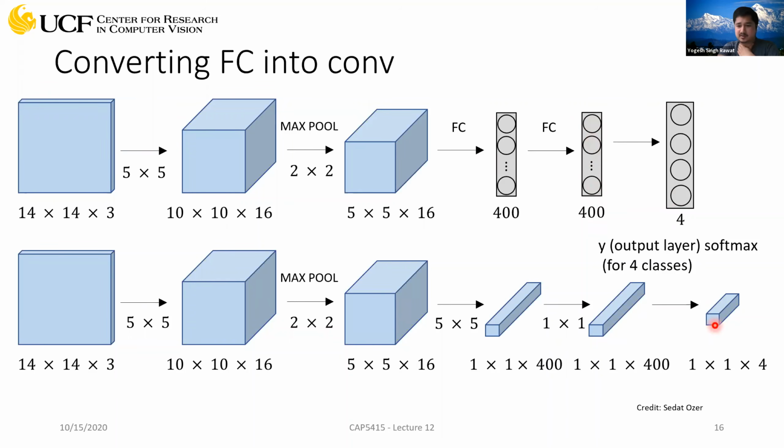Similarly, one value or one neuron here will be a linear combination of all these neurons. And similarly, the second one will again be the same. So it's the same operation.